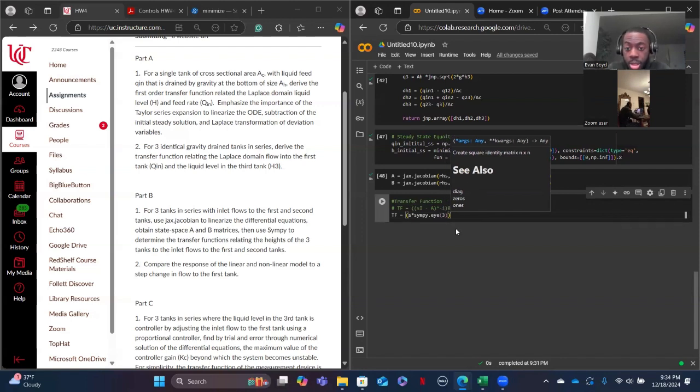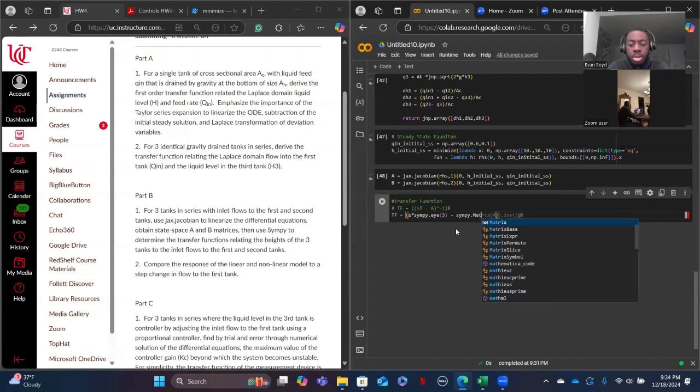And then we subtract this. Oh no, one is inside. There we go. Minus some SymPy dot matrix, because remember this A is a matrix. You get to recognize that as well.